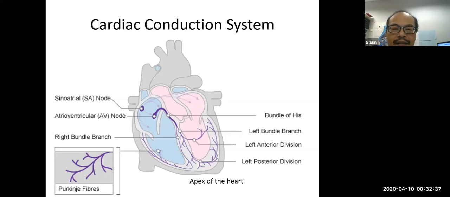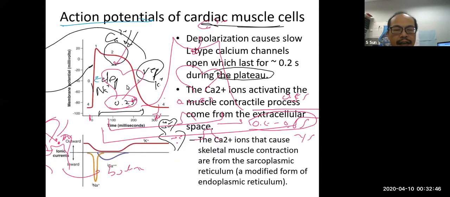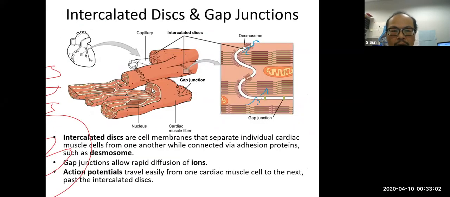These cells contract. There are two unique features. One is that their action potential has a plateau. This plateau represents the influx of calcium from the extracellular space. The second thing is that all these muscle cells are connected.